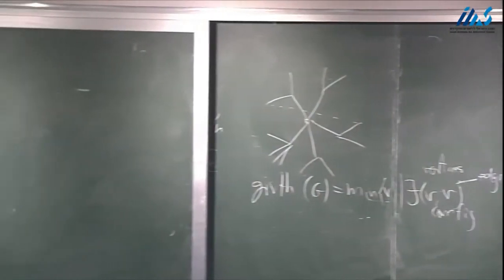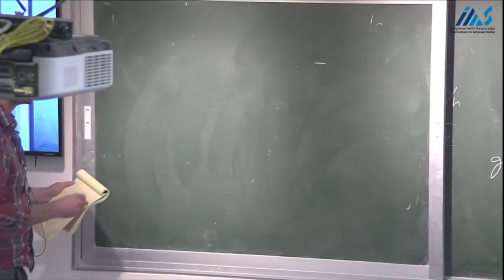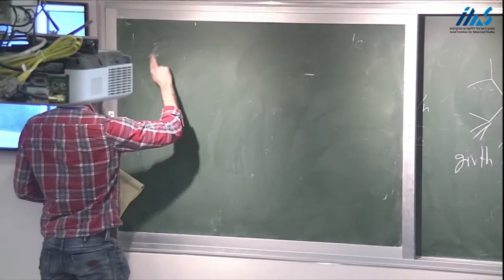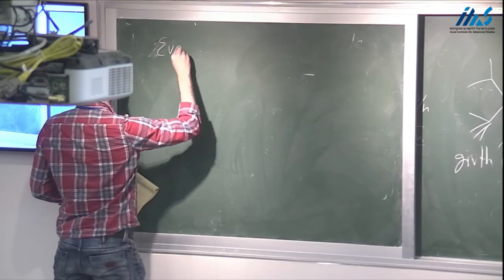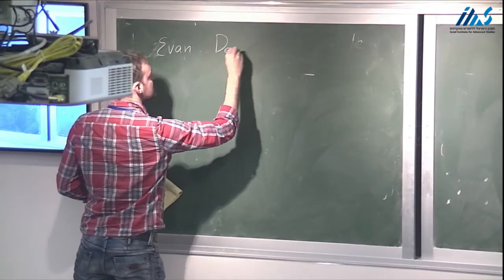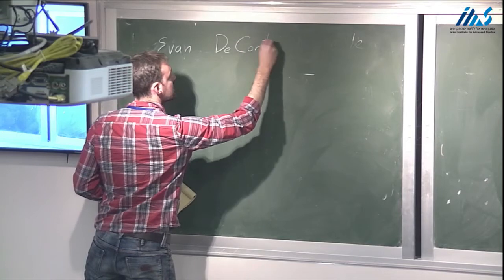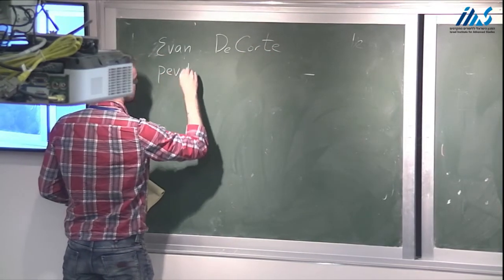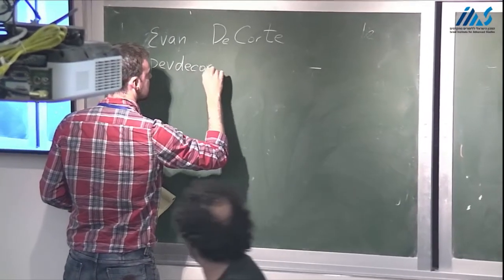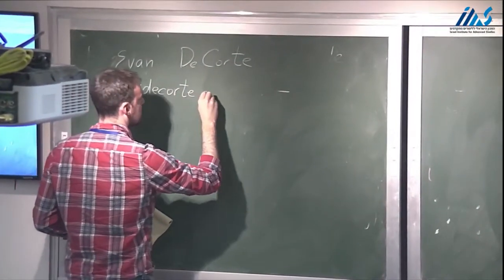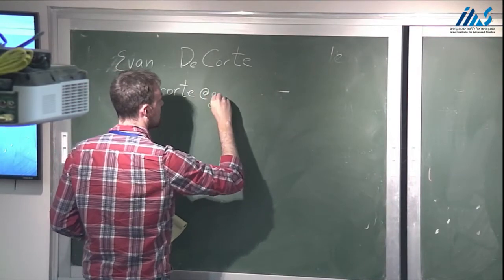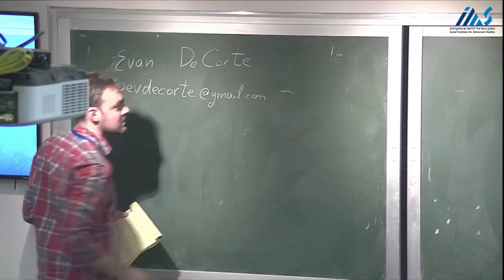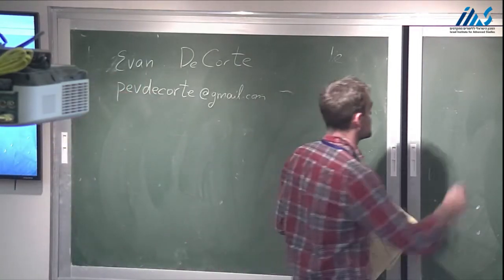Good. So this is going to be a problem with a slightly topological character. So I have a quote, and this is my email address. Okay, so here's the problem.